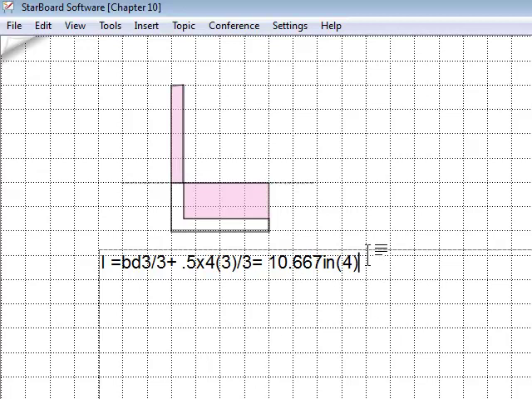So we got one component. Now the next component, we're going to do this whole section. The moment of inertia equals, again, because the reference plane is on the top or the bottom, BD cubed over 3.